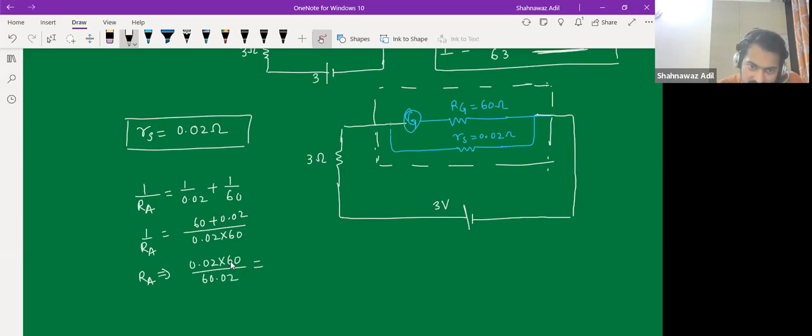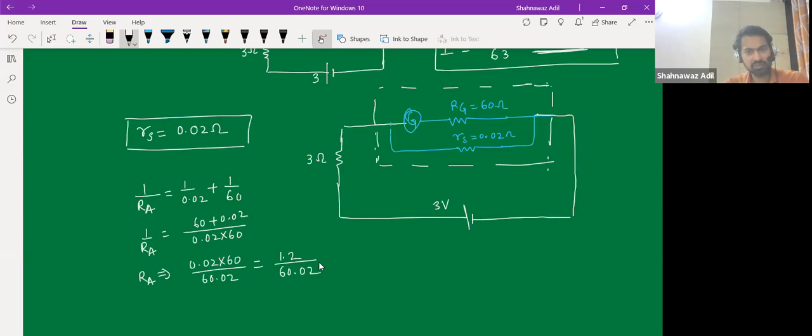So how much is this? 6 twos are 12, so I have 1.2 divided by 60.02.